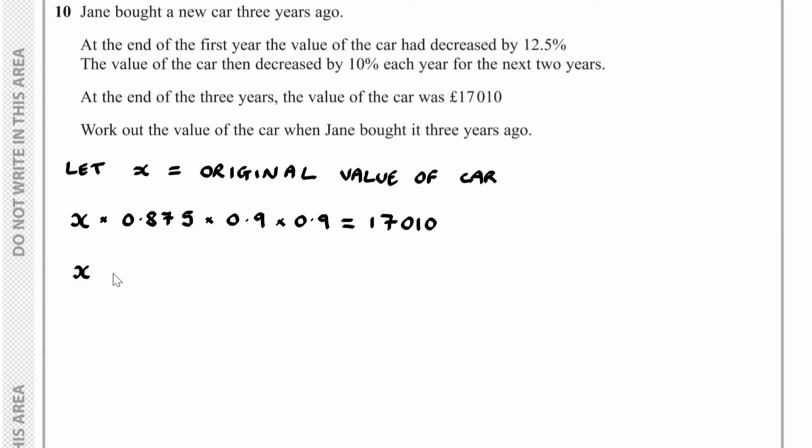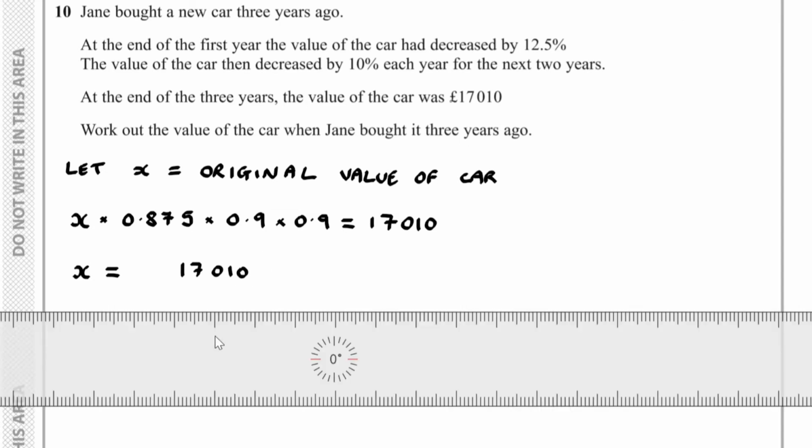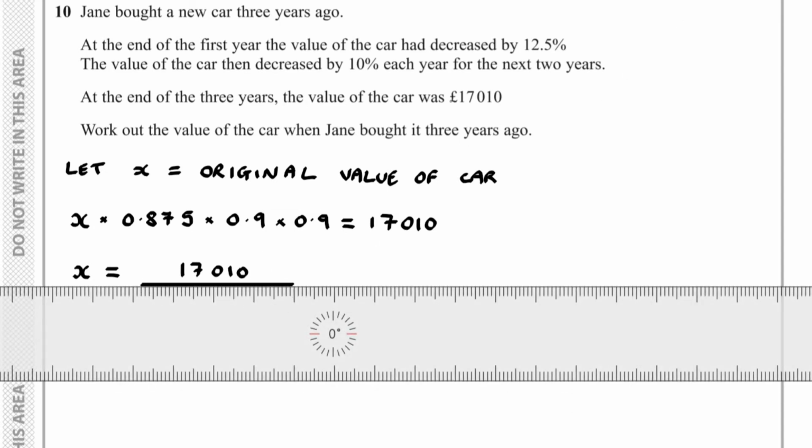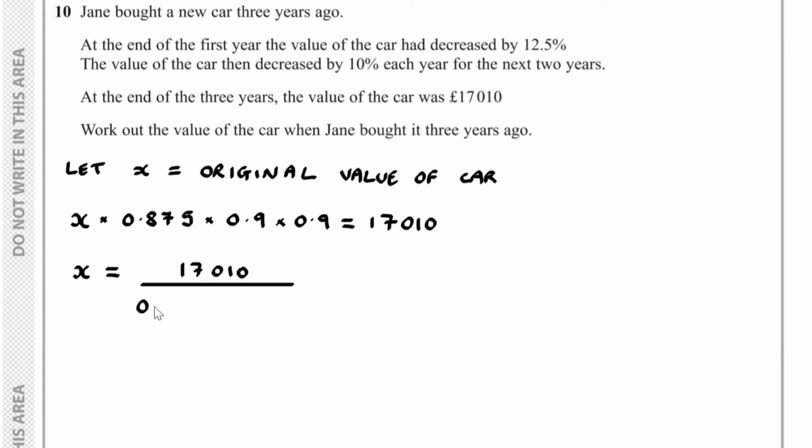So to find out what x is, we've got 17,010 pounds divided by 0.875 times 0.9 times 0.9. So let's work this out.